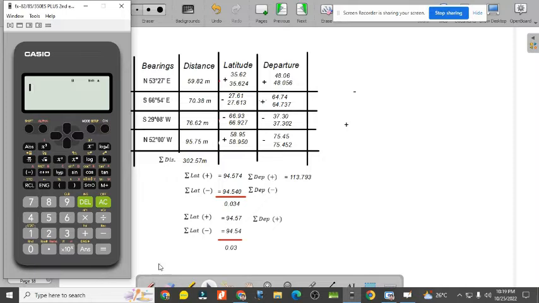So let's do two decimal places: 48.06 plus 64.74, which is equal to 112.8.